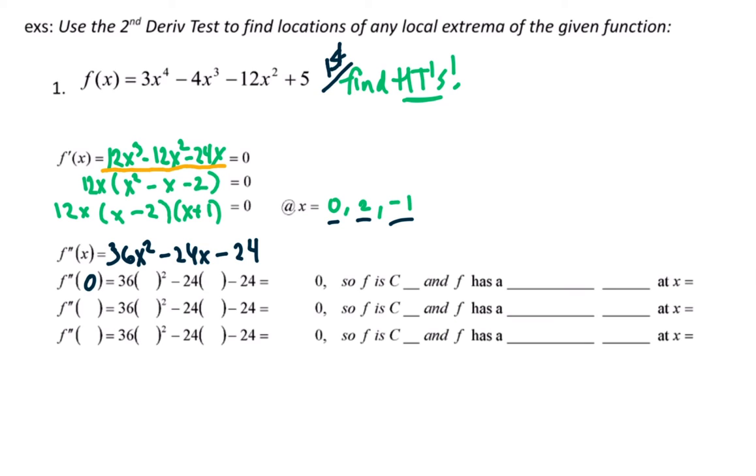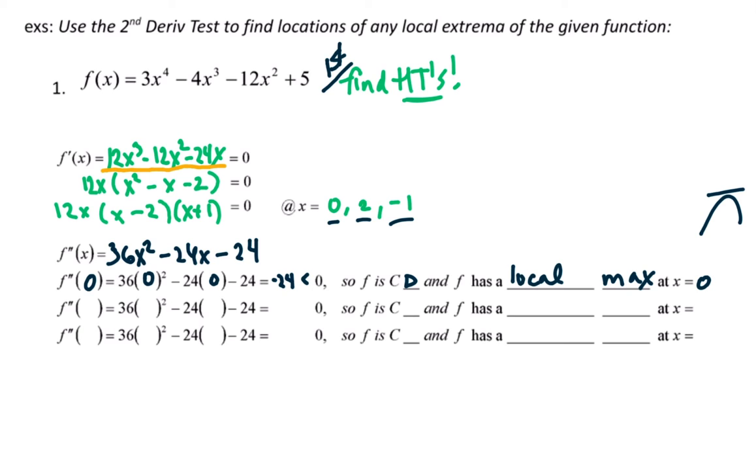If I do, I get 36 times 0 squared minus 24 times 0 minus 24, which is negative 24. Now, I don't really care that it's negative 24. I just care that it's negative. If the second derivative is negative, that means f is concave down. And if f is concave down, think about it, that would be a local max at x equals 0. That's where I just plugged in.